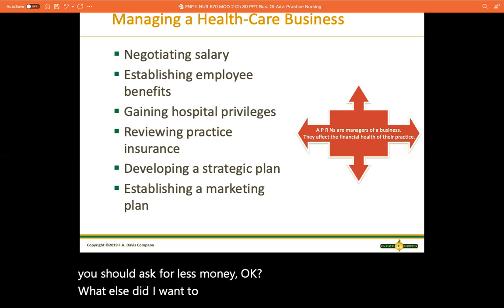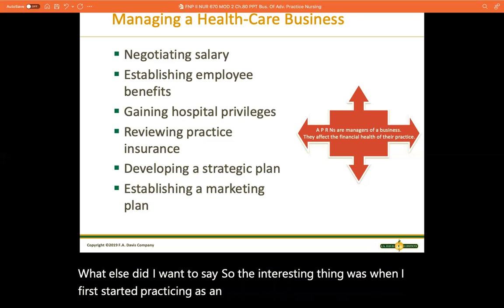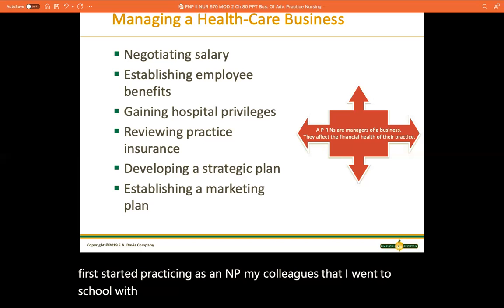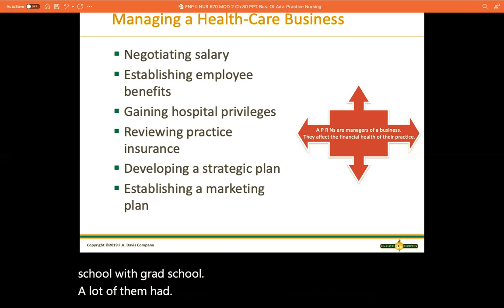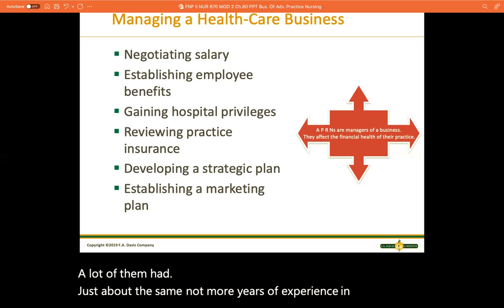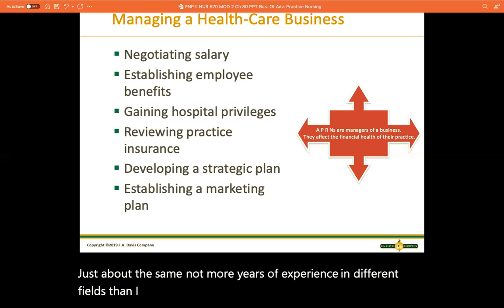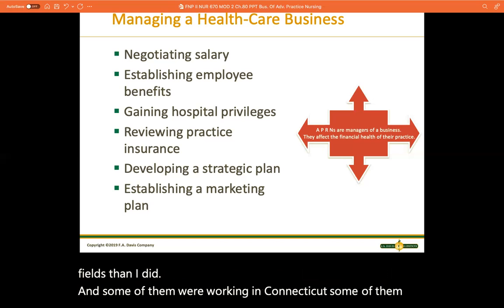The interesting thing was, when I first started practicing as an NP, a lot of my colleagues that I went to grad school with had just about the same, if not more, years of experience in different fields than I did. Some of them were working in Connecticut, some in New York.